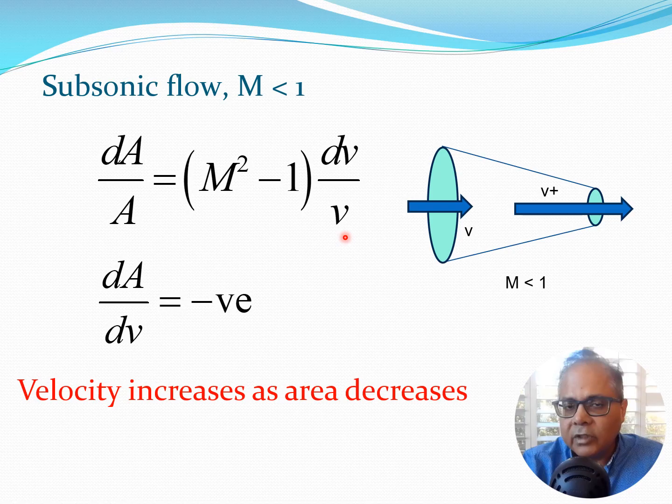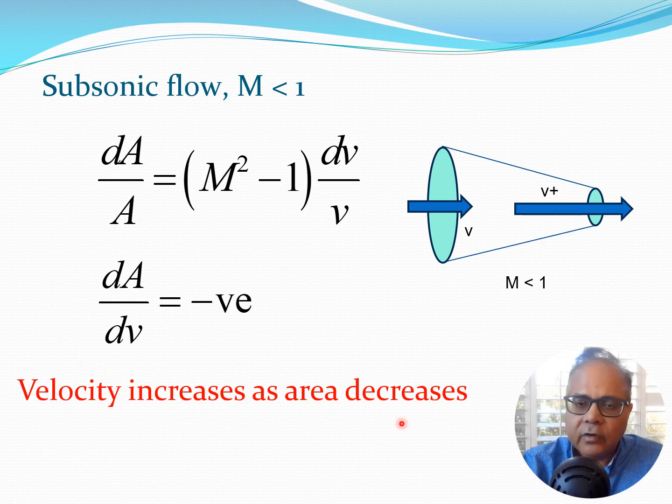So what this is telling us is that the relationship between A and V is such that the derivative is negative, and therefore the velocity increases as the area decreases. So that is the physical thing which this math is telling us here.